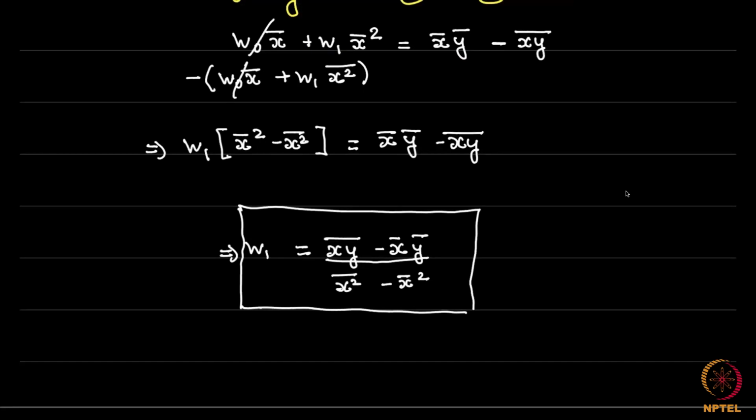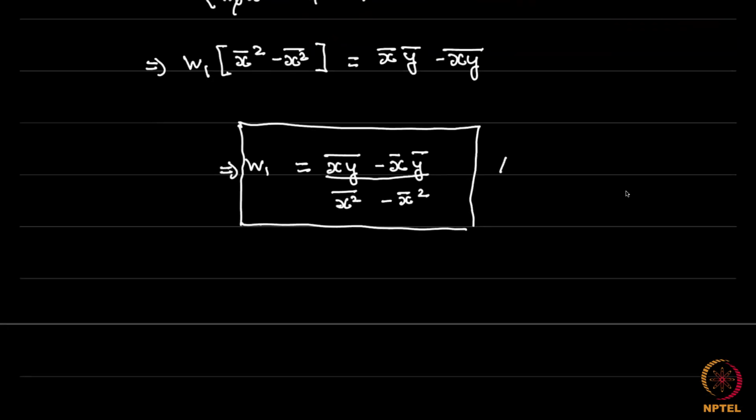So this is the analytical solution for W1. Of course, we need W0 also, and we know that W0 plus W1 x bar equal to y bar.